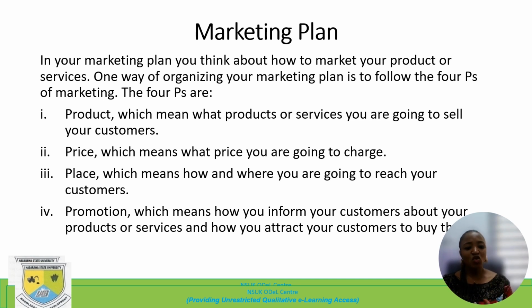Price means what price you are going to charge your customers. Place means how and where you are going to reach your customers. And finally, promotion means how you inform your customers about your product or services and how to attract your customers to buy them.